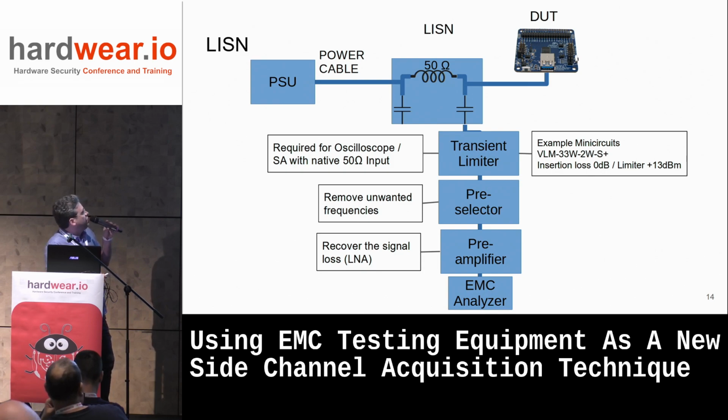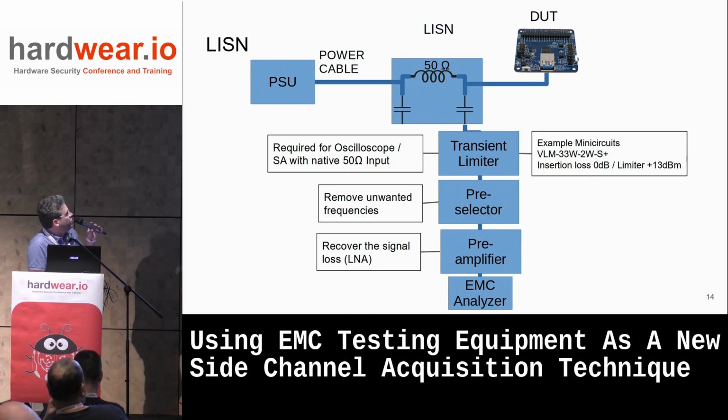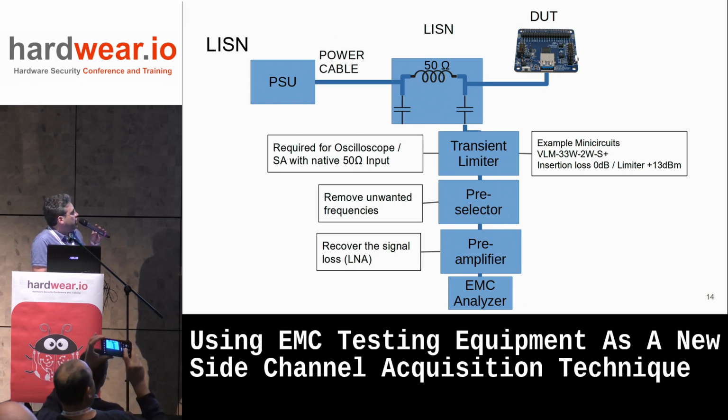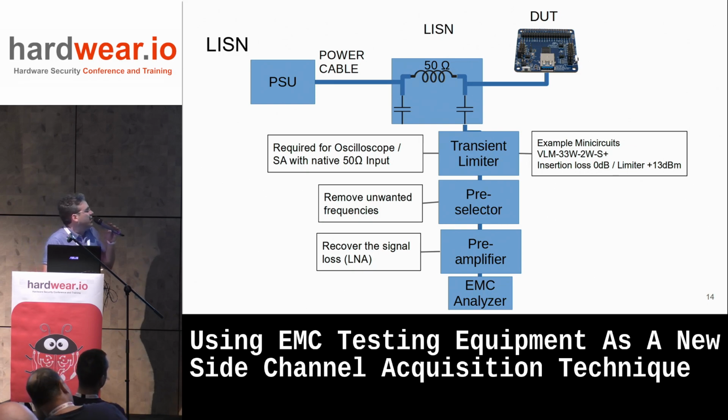So to show you how to protect against that in a standard LISN, we have a transient limiter, for example from Mini-Circuits. They are very good ones with 0 dB insertion loss, and it acts as a limiter to plus 10 dBm or more, in fact.